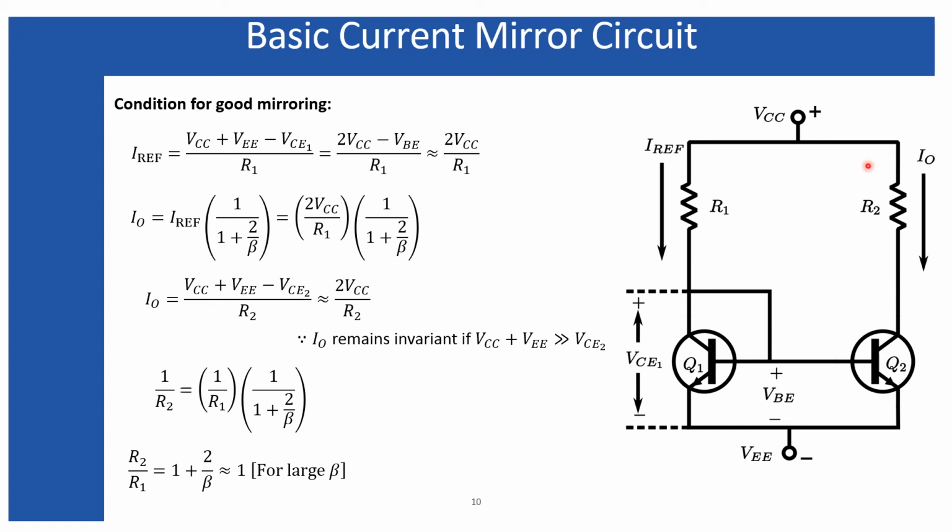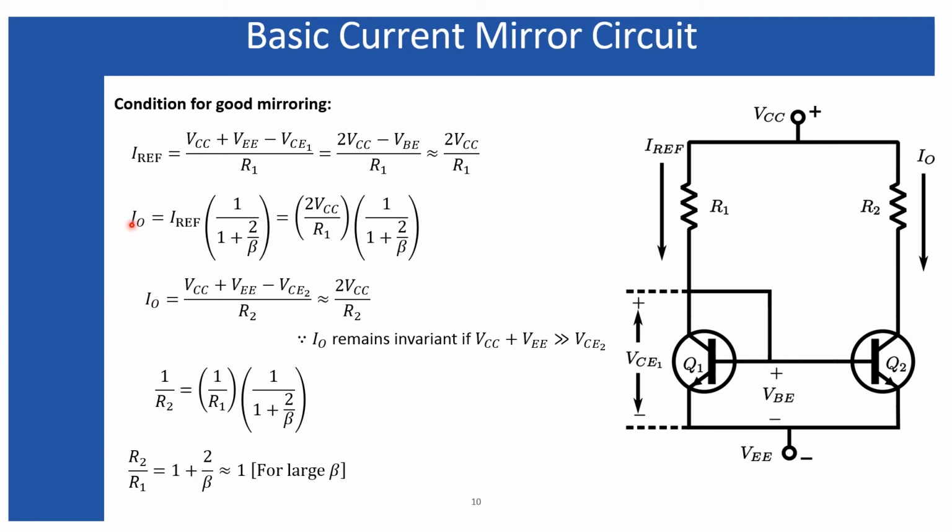Again, if I apply KVL around this loop, starting from VCC, R2, VCE of this Q2 and VEE, then I get this one. And here also, since I am assuming the magnitudes of both of these supplies are equal to each other, I can neglect this VCE, and I can write VCC plus VEE equals twice VCC divided by R2.